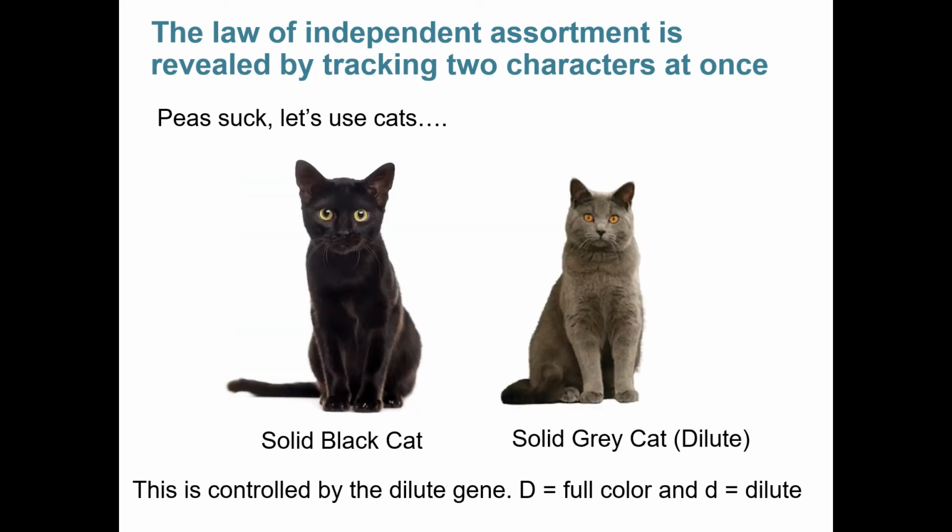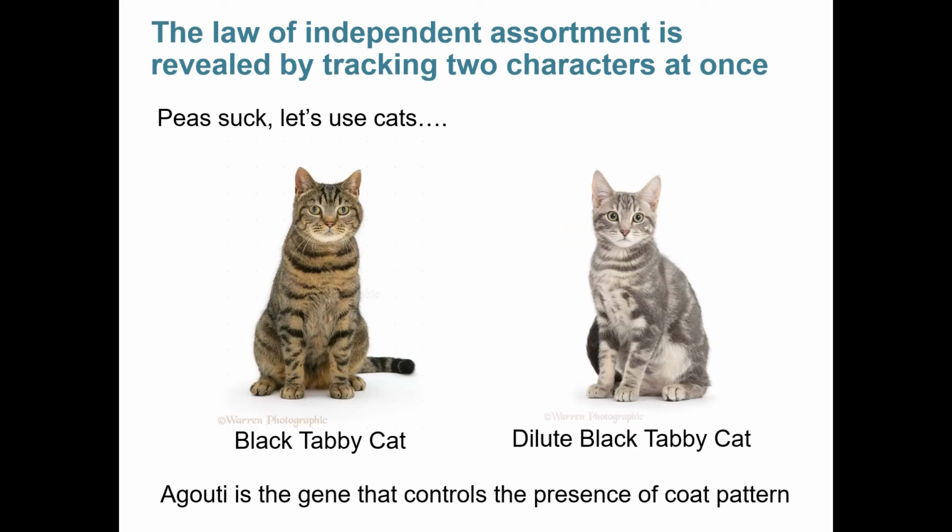So these are trait number 1. The second trait we're going to look at is whether or not the cat has stripes. This is controlled by the agouti gene, which determines the presence or absence of a coat pattern. What exactly those stripes look like is controlled by several other genes, but we won't be thinking about them quite yet.